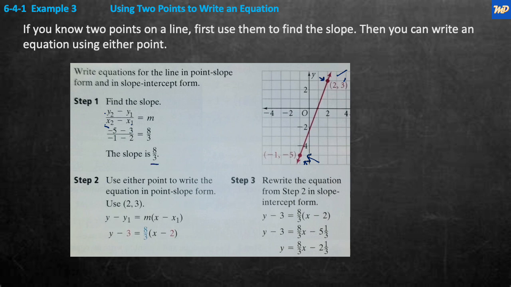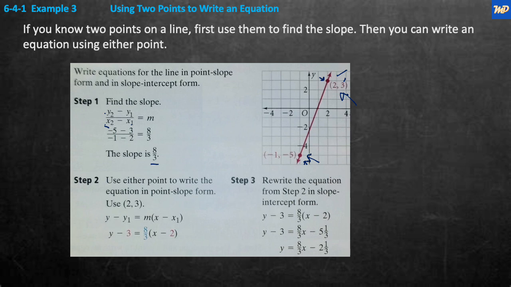So -8 over -3 is a positive 8/3. There's our slope, 8/3. So now, using either point, and it doesn't matter which one you choose, you can write in point slope form. They chose up here to use the point (2, 3). Now you're not dealing with the negative signs, otherwise you'd have to do one extra step. So when we do that, we start with our formula: y minus y1 equals m times the quantity x minus x1.